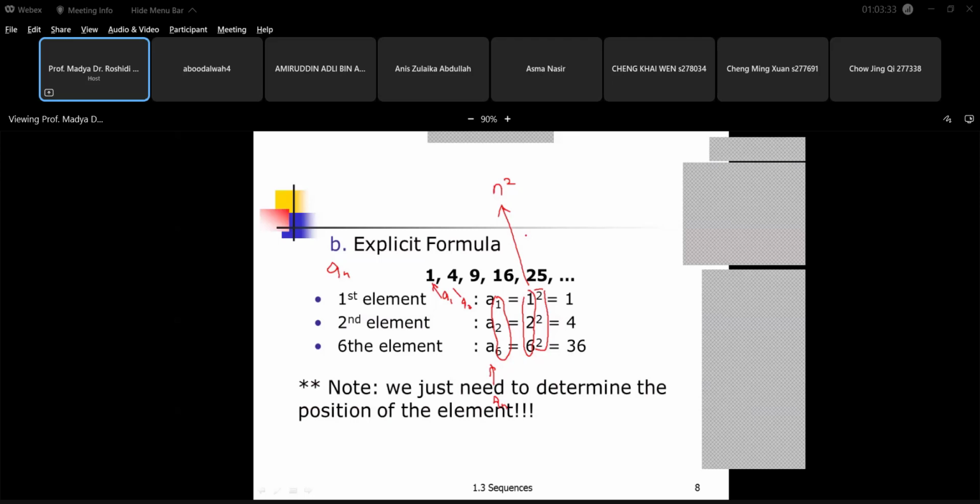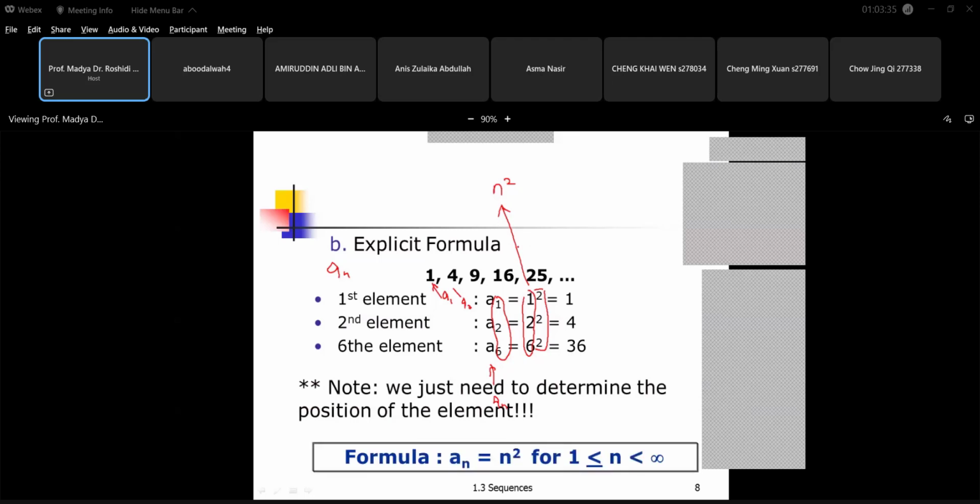So what is the range? How do we produce the range? So formula a_n equal to n squared for n greater than or equal to 1. So what is the range? The range is 1. Why 1?